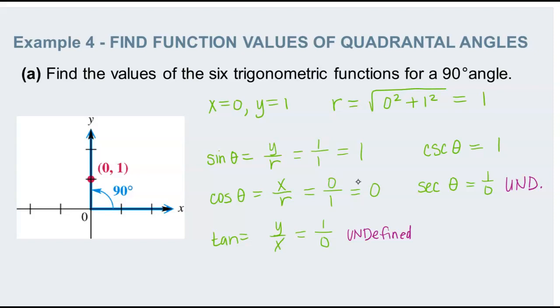But the interesting thing is that when I go to the tangent and I flip this fraction upside down, for cotangent, I get 0 over 1, and that's okay, that's 0. So within these pairs, you'll get one that ends up being 0 and one that ends up being undefined. And this is true anytime you're on any of the axes because either the x or the y coordinate is equal to 0.